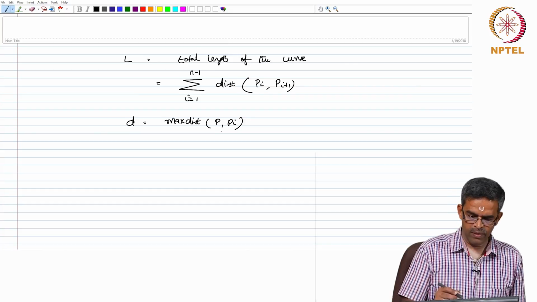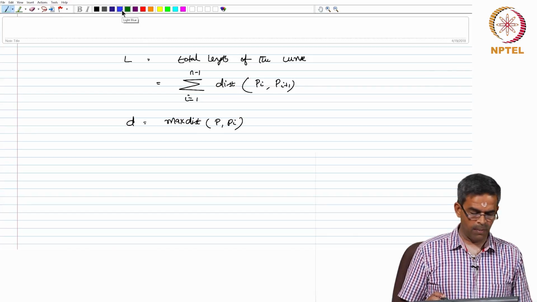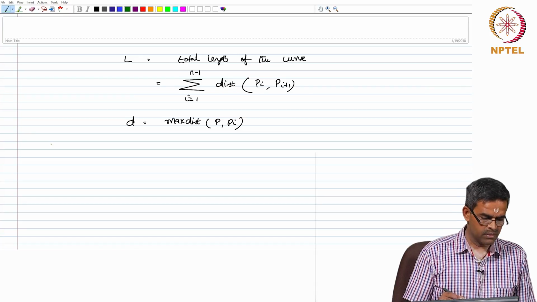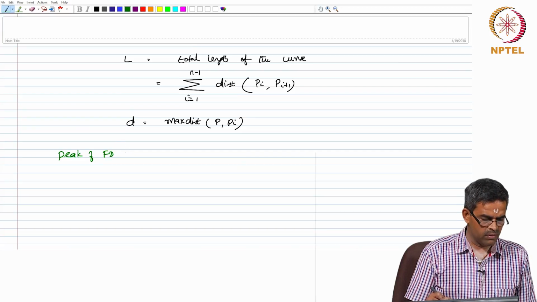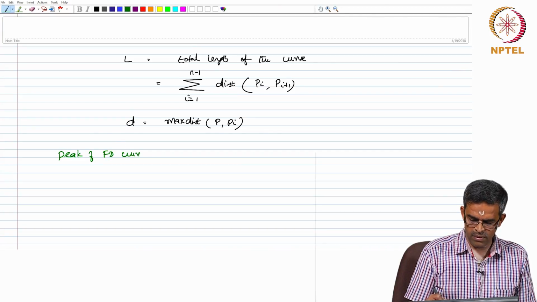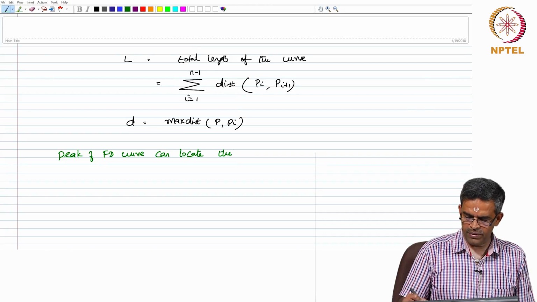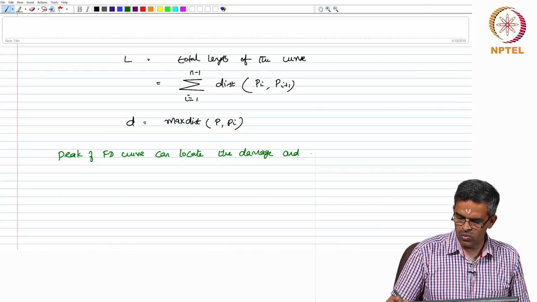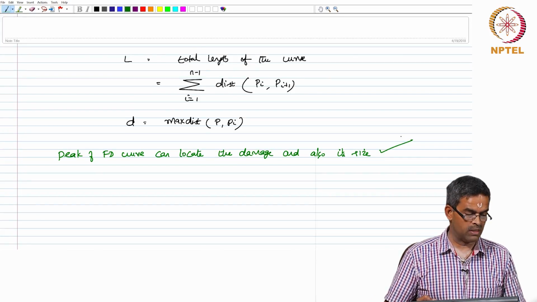Now, friends, there is another information about the fractal dimension method. Peak of the FD curve can locate the damage and also the size of the damage. That is one main advantage of this method.